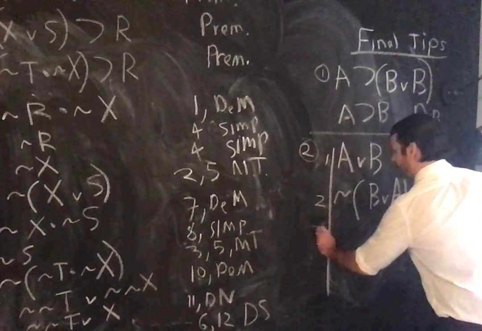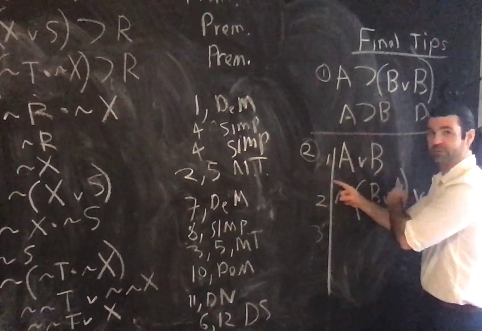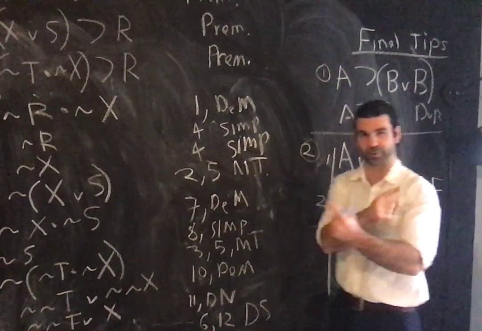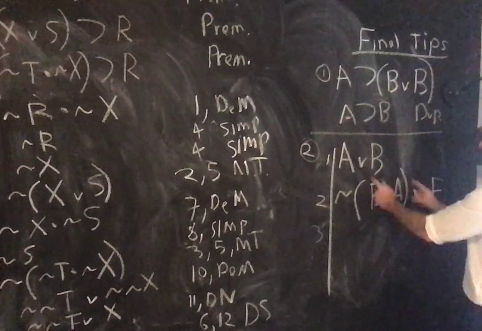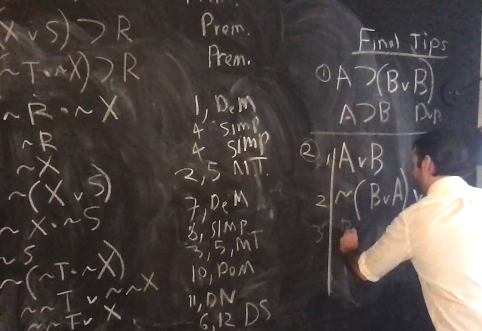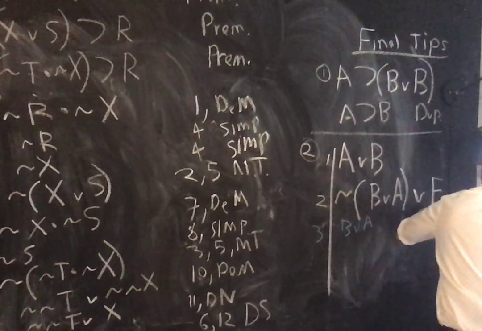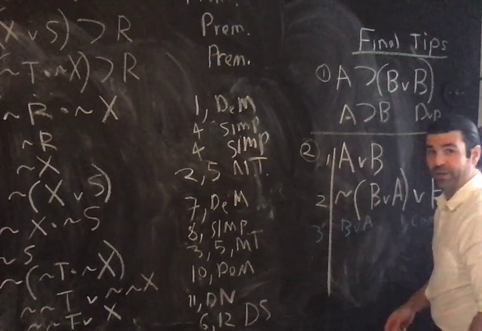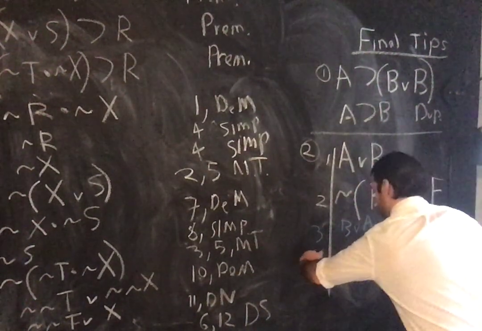So on line 3, you could do it either way. Commute is swapping around. Look at the rule if you don't know what I'm talking about. You could do it on 1, or you could do it on B or A. Let me do it on 1. B or A, 1, COM. And now you double negate that whole thing, right?